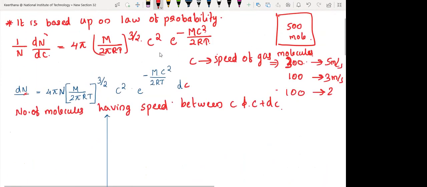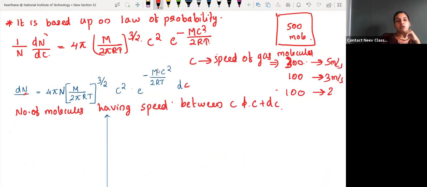Okay, ma'am. I can write the number of molecules having a speed between c and c plus dc. If I take c as 100 and dc as 1, then between 100 and 101 meters per second, the number of molecules having speeds in this range will depend upon the total number of molecules and also the speed possessed by the molecules.